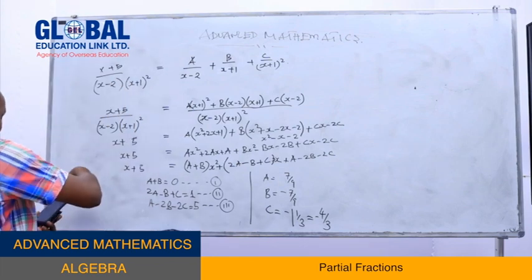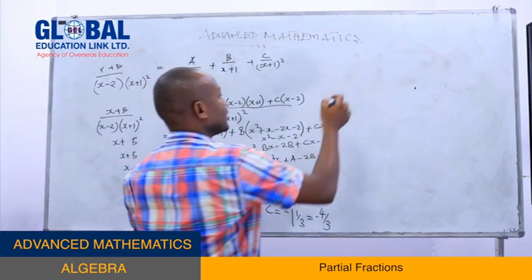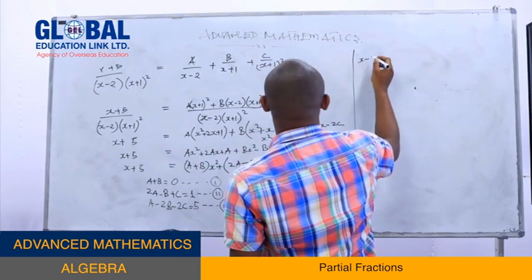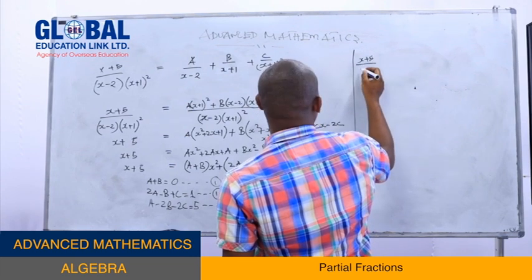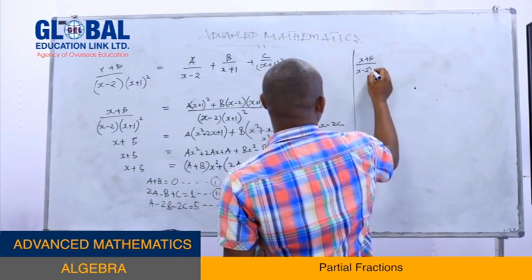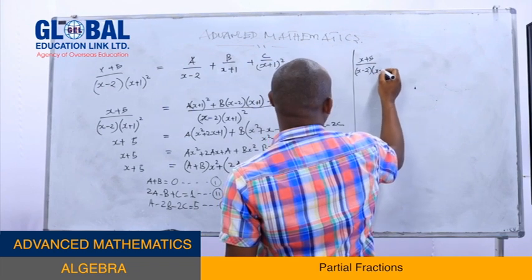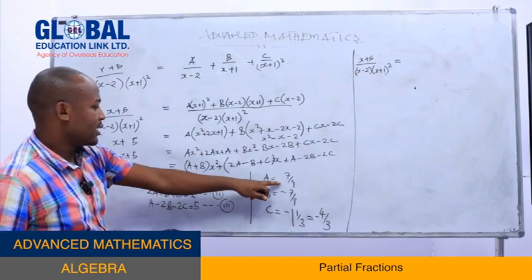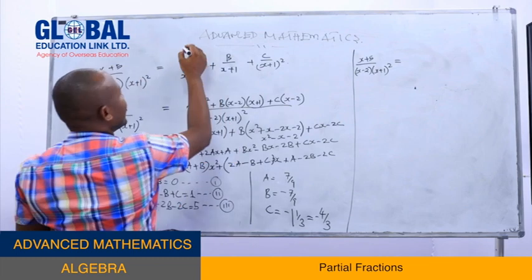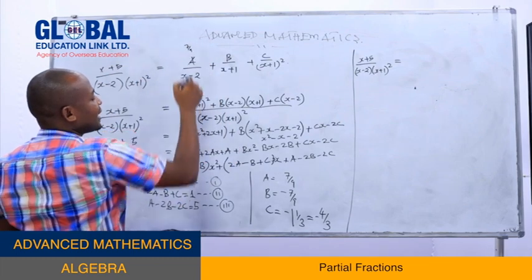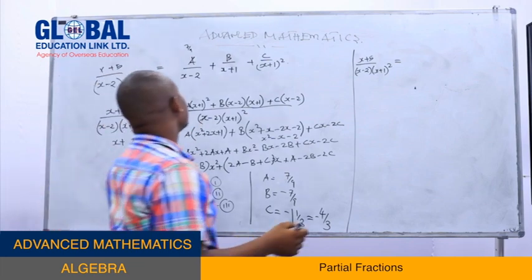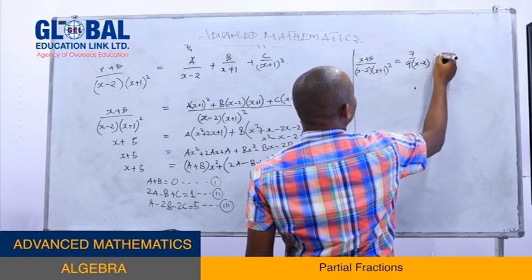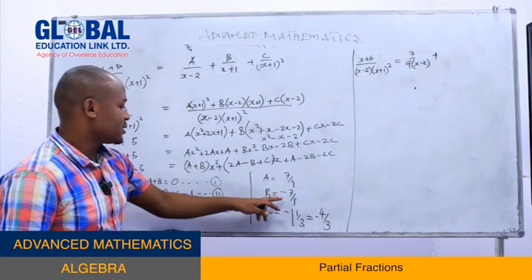Now, let's write that. That means our final answer could be like this. We shall have x plus 5 over x minus 2 times x plus 1 squared equals what? A, that is our A. That means it will be 7 over 9, and you try to divide, you get 7 over 9 times x minus 2. Then plus, is it plus or negative there?